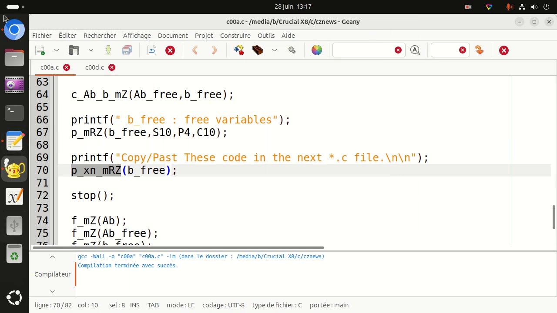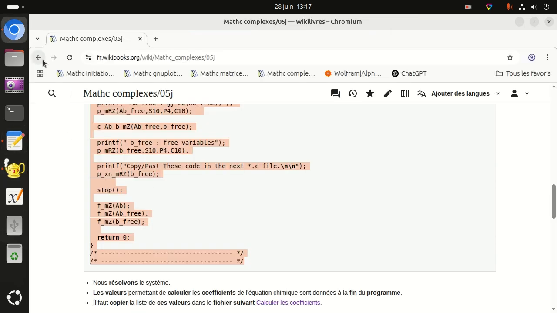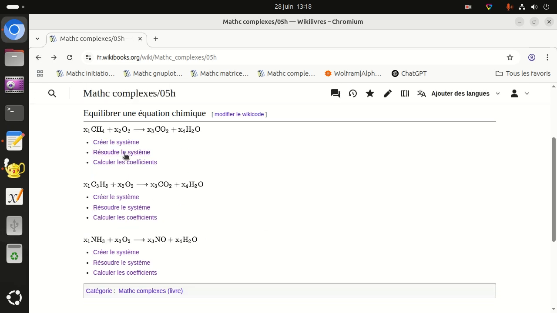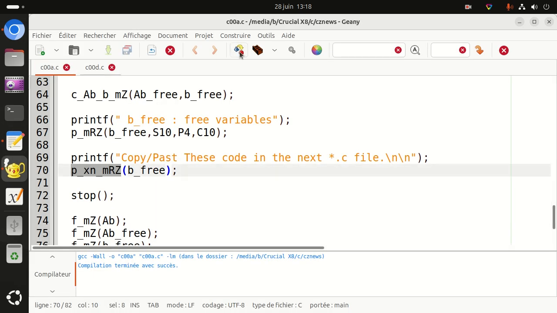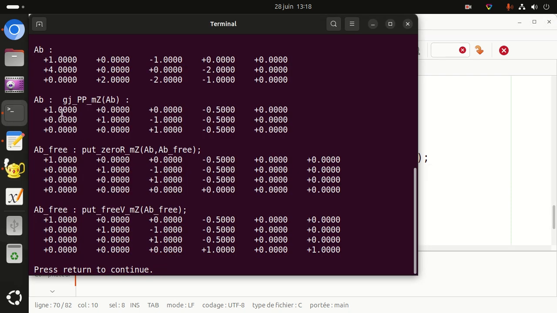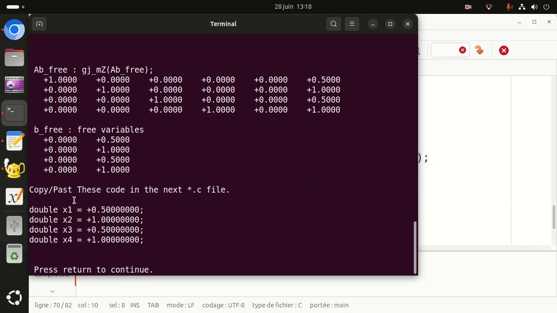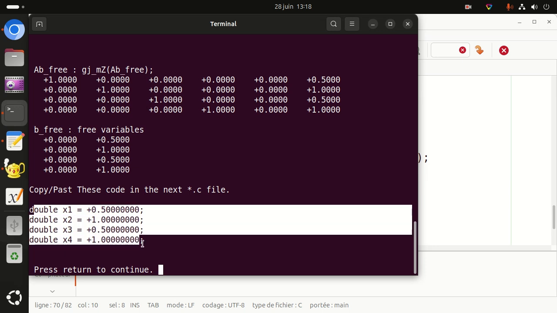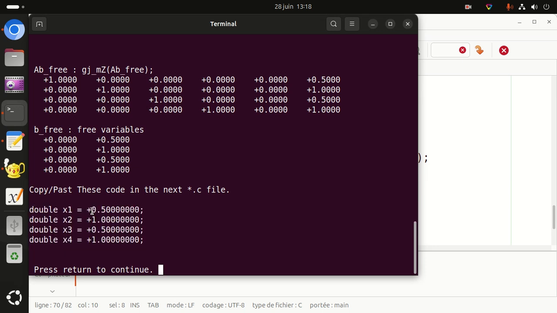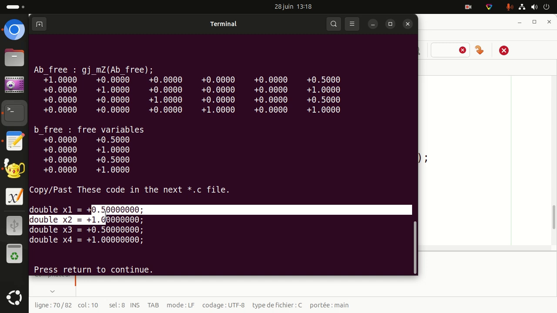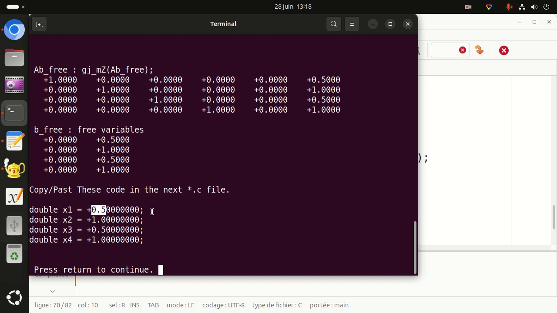Alors, compute the coefficient. First, I have computed the value of the free variable, okay, but these values are not integer. So I copy this value.